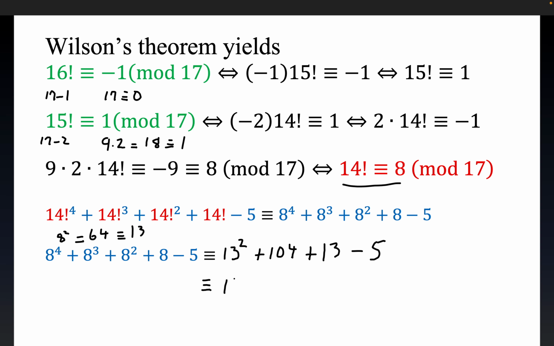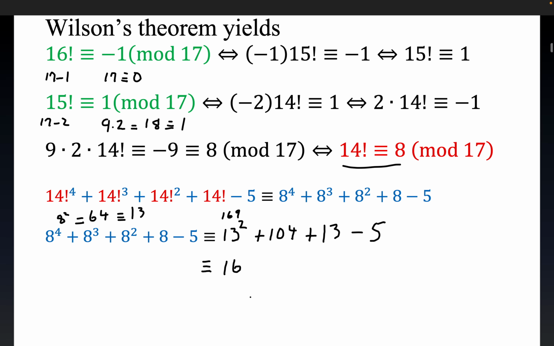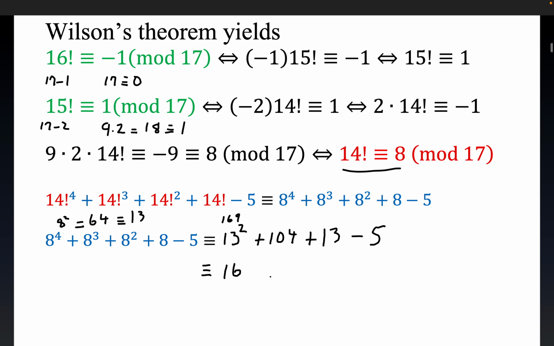You guys can check that a different way if you want to, but again, 13 squared is 169, right? That's just 1 shy of a multiple of 17, namely 170. So you can decrease the modulus. That's a nice little trick that helps you, and you can do a little proof on it if you want to.